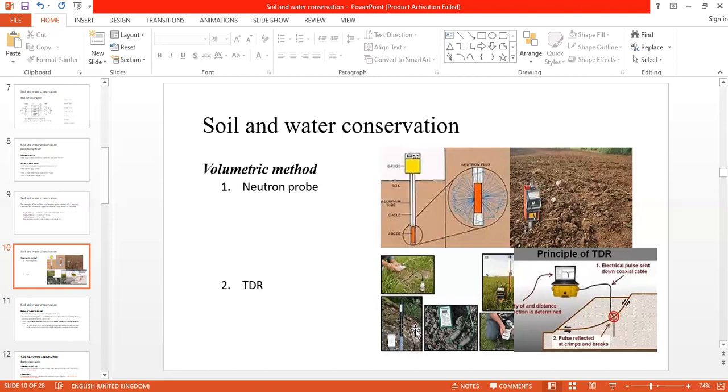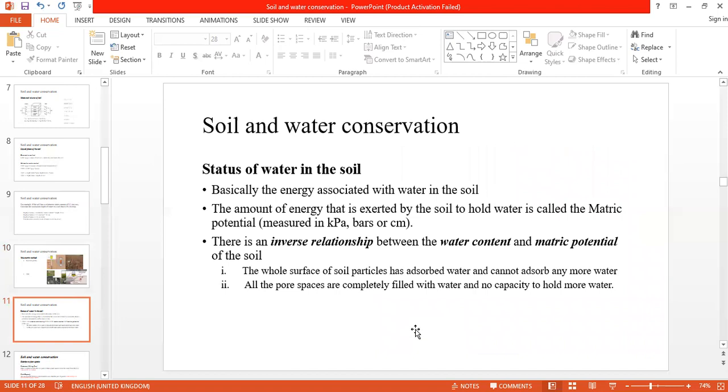So when you go maybe after some time, you just measure with this instrument and say, if 0.2 milliseconds is equal to this amount of water, what about this millisecond? How much water is it going to contain? So you just do that relationship. That means every time you go to the field now, you don't have to sample the soil.